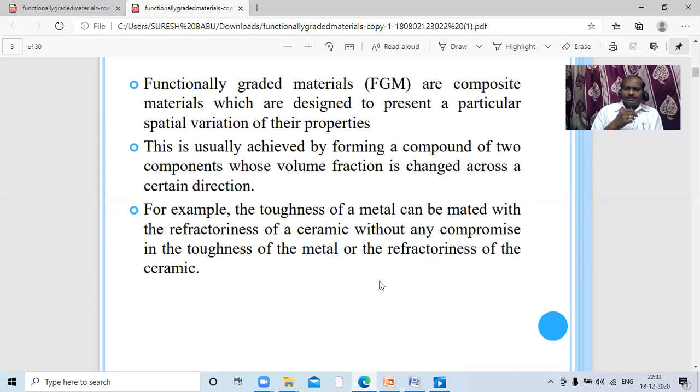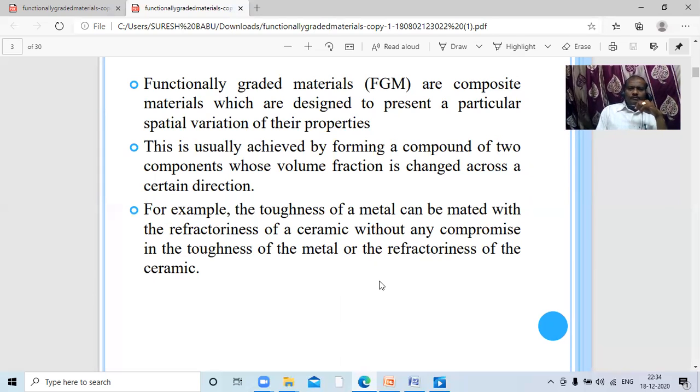So to recognize them, we have a differentiation of FGM from the remaining materials. That means when we go along the x-axis, or the y-axis, or the z-axis, the volume fraction is going to change from one part to another part in one direction.